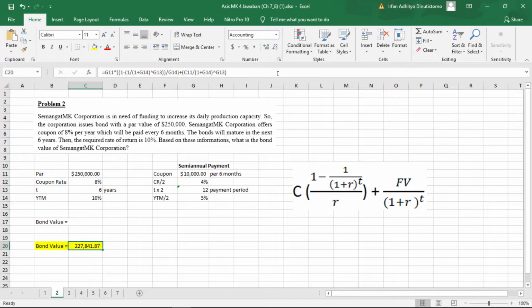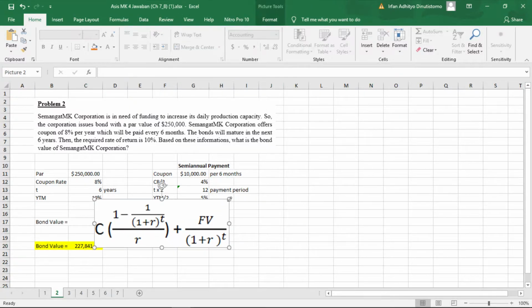In total, the value of your bond is around $227,841. So that's around $200,000, and that's the price of your bond.